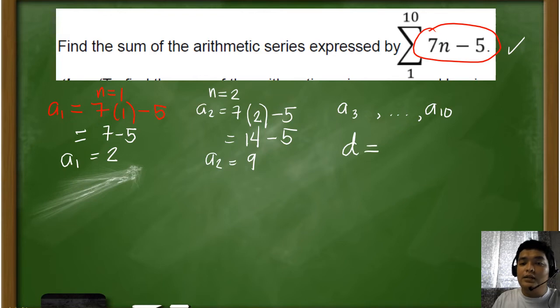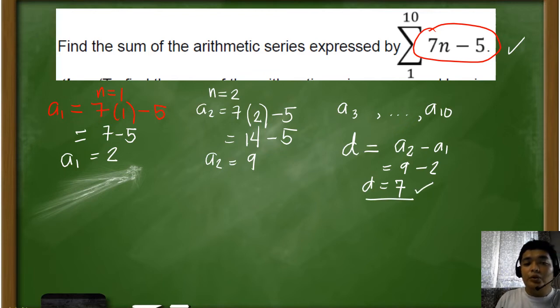The d is just a sub 2 minus a sub 1. A sub 2 is 9, 9 minus 2. Our d is 7.